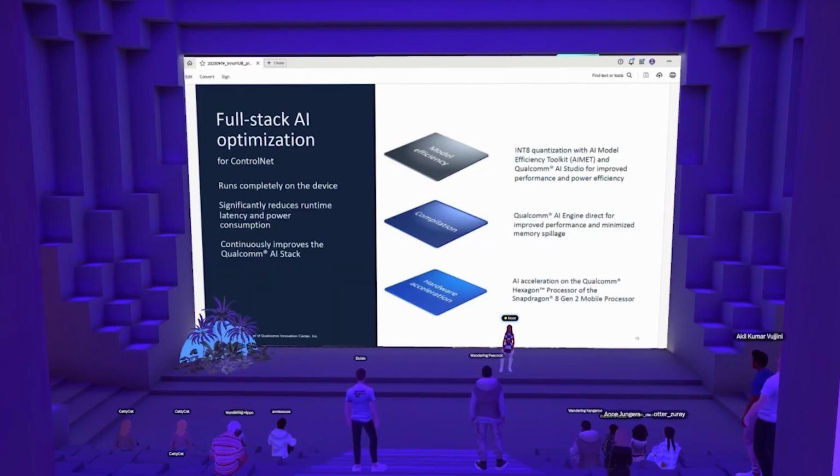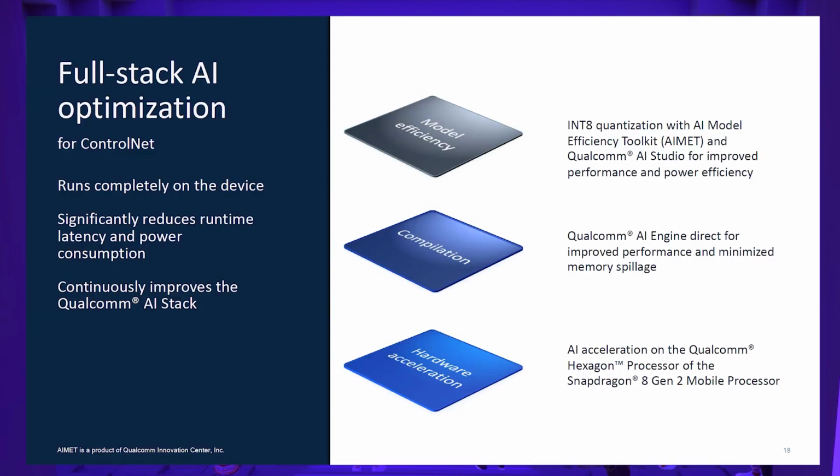So the entire full stack optimization for ControlNet, as I spoke about the quantization part of it, we used AIMET, wherein we used 8-bit quantization to quantize the model, and we also used the Qualcomm AI Engine Direct for improved performance and to minimize memory spillage.